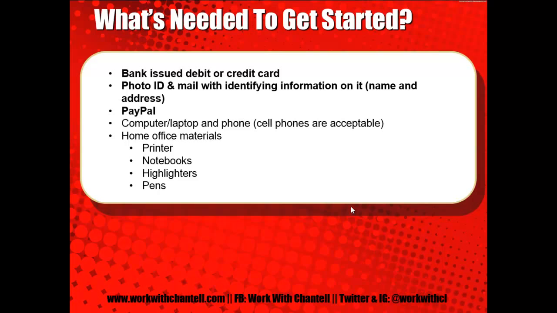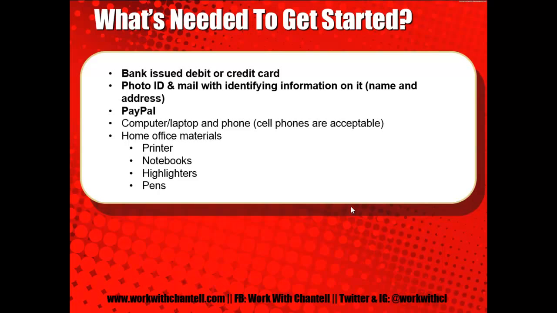Other things that you may want to have on hand is a computer or laptop and a phone. Landline or cell phone, it doesn't matter, just as long as you have a phone. You want to have basic home office materials: a printer, notebooks, highlighters, pens, just so you can have a well-functioning office environment.